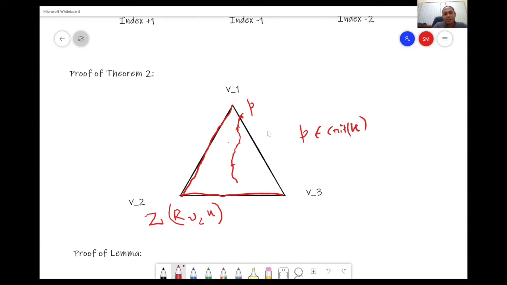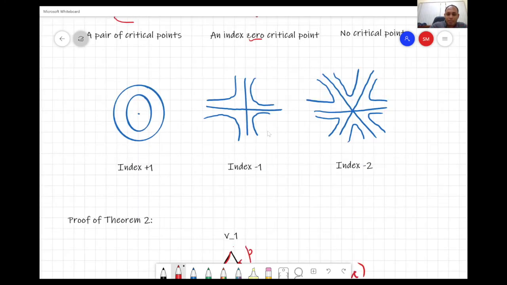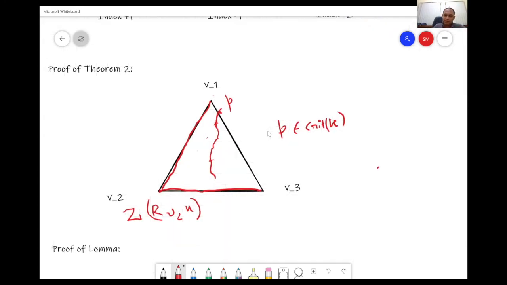If you take a zero index critical point C, and then you take any Killing field, and look at the nodal set passing through that particular critical point C, then the tangent direction to that curve at the point, assuming that there is exactly one curve passing through C, is always going to be parallel, independent of the Killing field that you take.